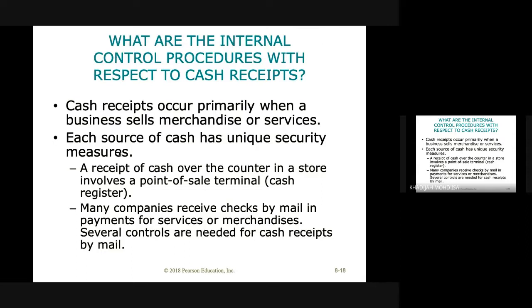But many companies receive checks by mail in payment for service or merchandise. Sometimes payment is by accounts receivable. Not so many companies actually use checks now, right? Because now we have online banking. But there are still several controls needed for cash receipts.